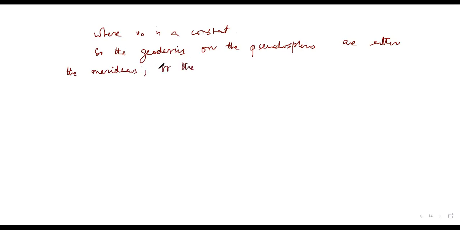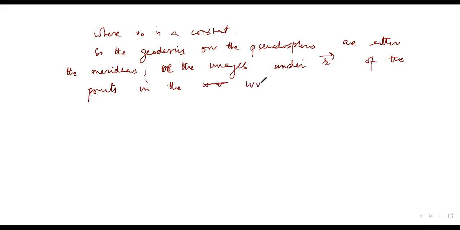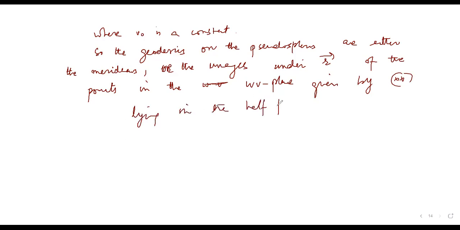Or the images under this surface function are of the points in the WV plane, or VW plane, whichever you prefer, given by double star, which satisfy it, and of course lying in the half plane, because for it to be well defined W should be greater than 1, which we already discussed when we reparametrized it.